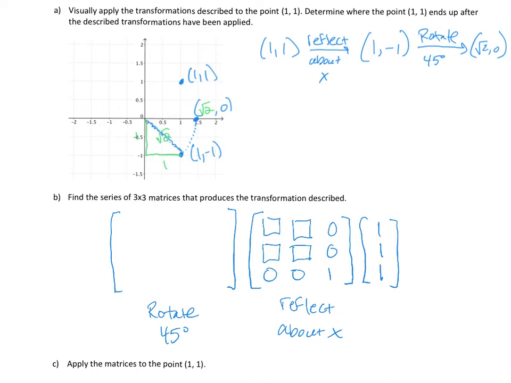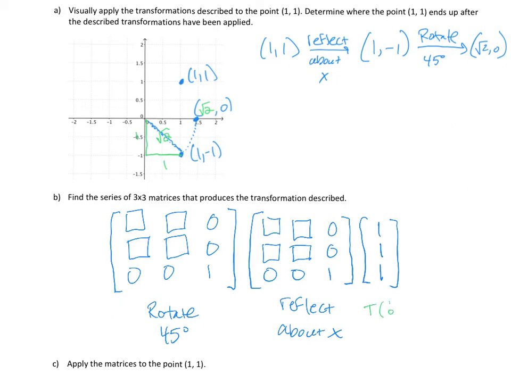So my rotation, that's also linear, so I do 0, 0, 1, 0, 0, and I have to fill in these 2x2 blocks. Okay, so if you reflect about the x-axis, we need to figure out what does a reflection about the x-axis do to 1, 0 and 0, 1.